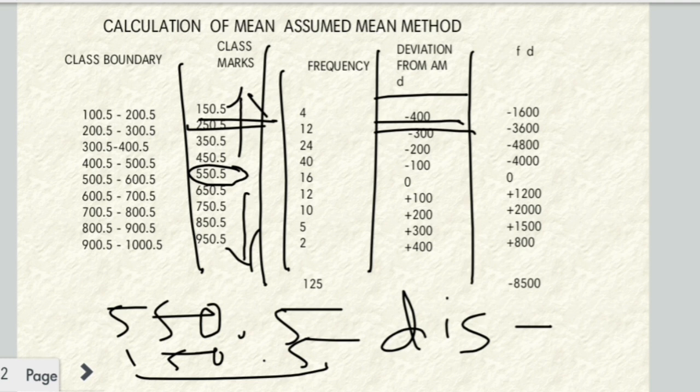In the same process, in the next column we multiply frequency and D. Here 400 into 4 equal to 1600. In this table, we identify positive and negative values.